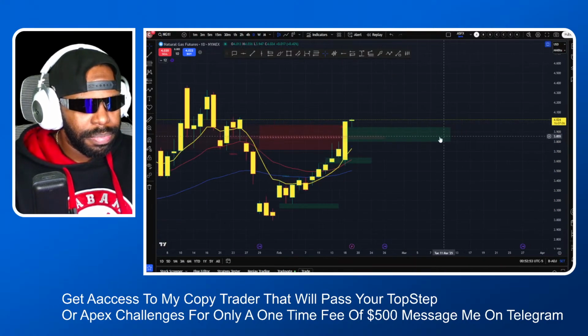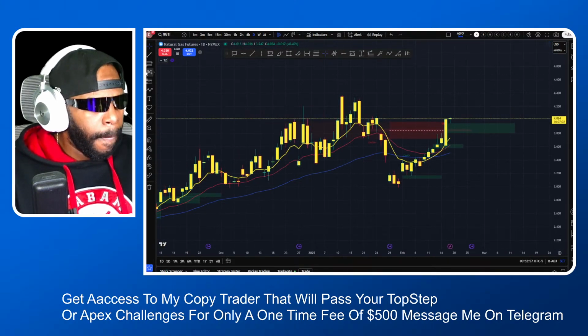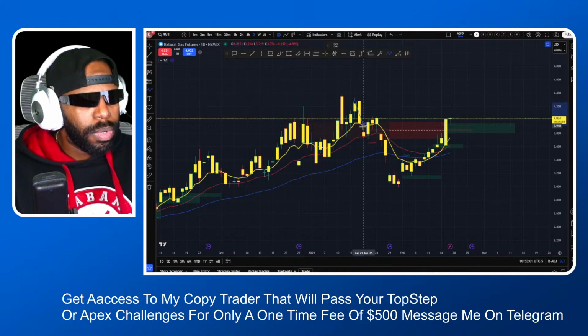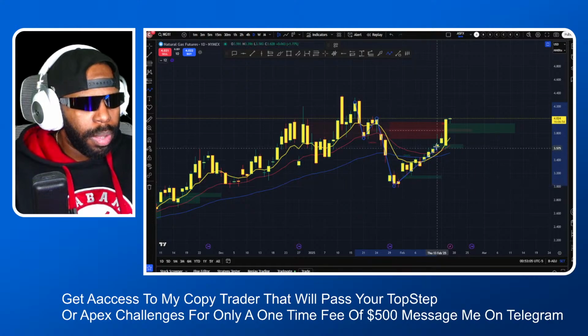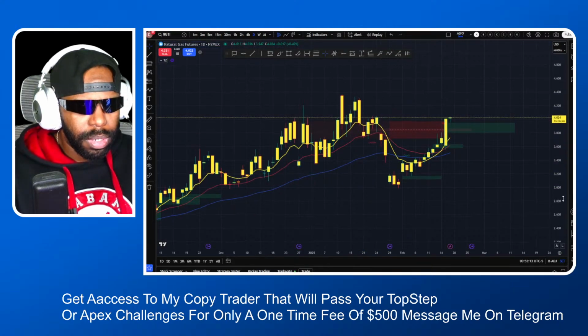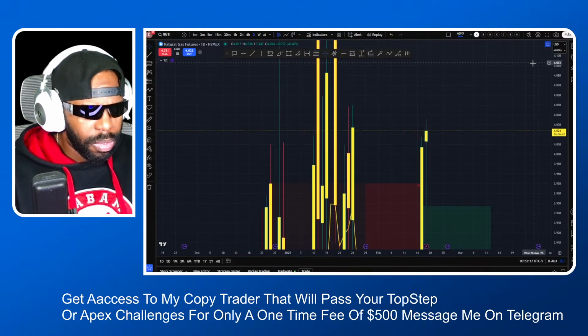Now on the daily, are we bearish or bullish here? It was creating lower lows, lower high, lower low. It looks like we might be going bullish, but let's stretch it out and see if this actually closes.